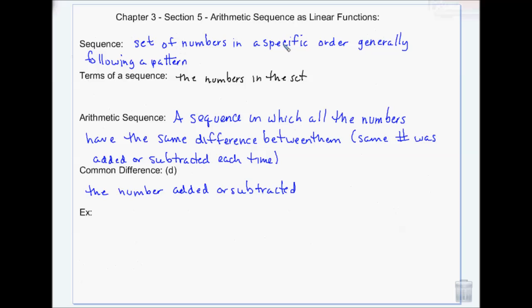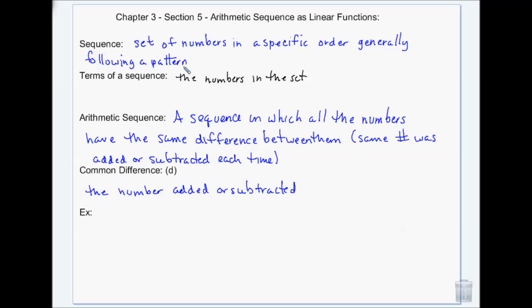So a sequence is a set of numbers that are in a specific order. They have to go in the set order, and they generally follow a pattern that can be found. For example, you add the same thing each time, you multiply the same thing each time, you subtract the same number each time, you divide by the same number each time.